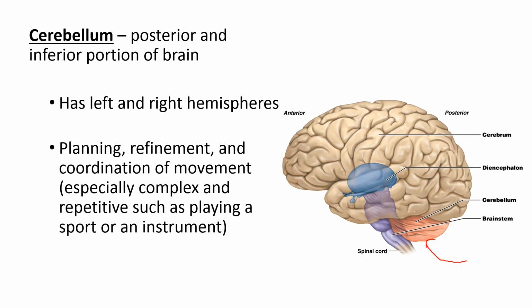It also has some roles in motor learning, so planning, refinement, and coordination of movements that are repetitive and complex, like playing the piano, playing the violin or a guitar, or maybe repetitive movements like how to dribble a ball, do a layup, hit a tennis ball, or perfect your golf swing. All of that's happening here in the cerebellum. It's doing the refining and the coordinating portion of those movements.